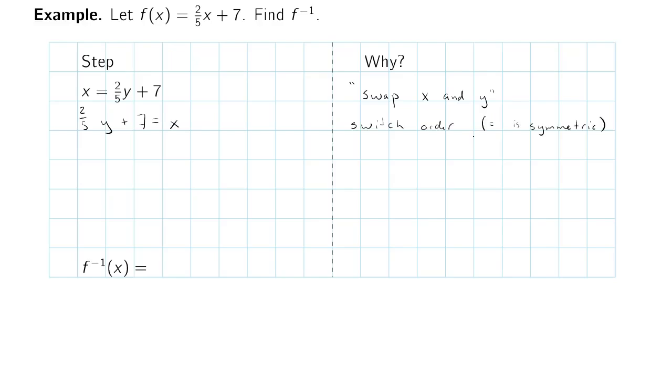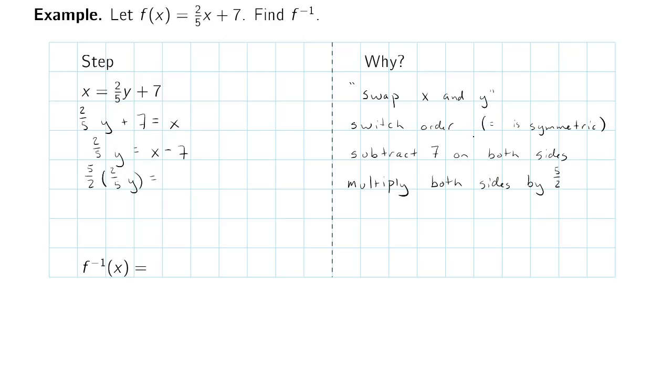Now I'm going to subtract 7 from both sides. And now, to get rid of the 2/5, I think it's nicer to think of this step as multiplying both sides by 5/2. So on the left, I'll have 5/2 times 2/5 y is 5/2 times x minus 7.